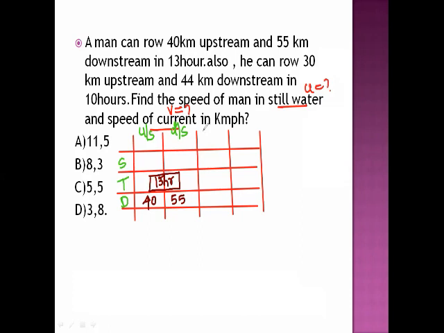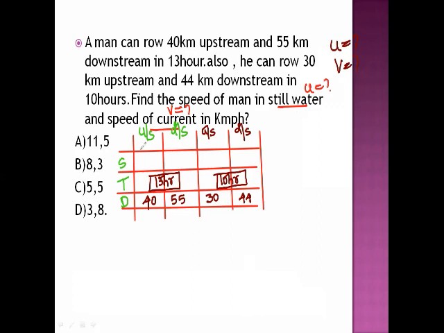Similarly, he can row 30 kilometer upstream and 44 kilometer downstream, taking 10 hours total. Then they are simply asking what is U and what is V.